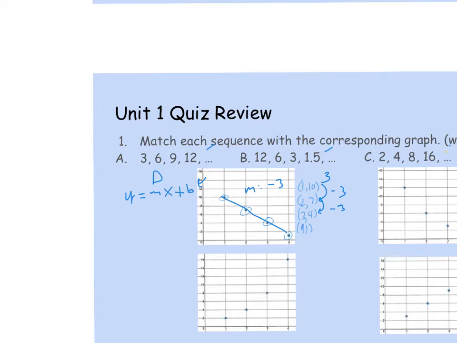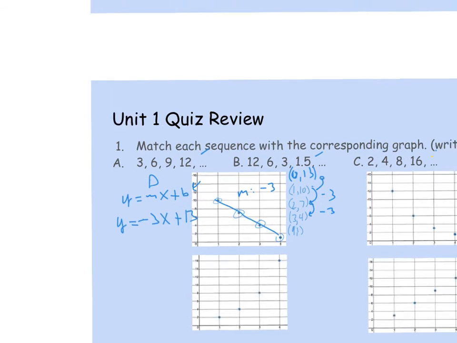Going backwards, that'd be 0, and instead of subtracting 3, I'd add 3. That'd be 13, so 0, 13. So this would become y equals -3x plus 13.